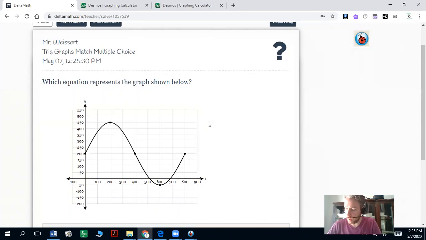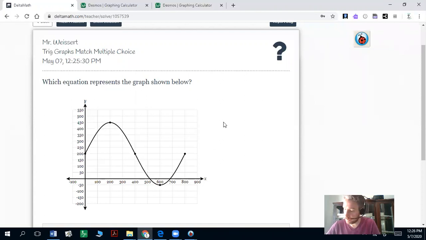So I want to look at this graph. And it's got some big numbers here. Let's identify where it's starting. It's starting at 200. That's the midline. So it's going to be a sine.